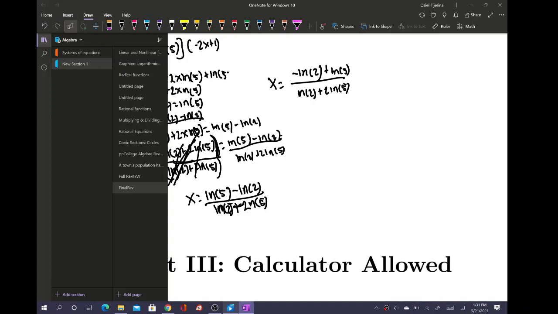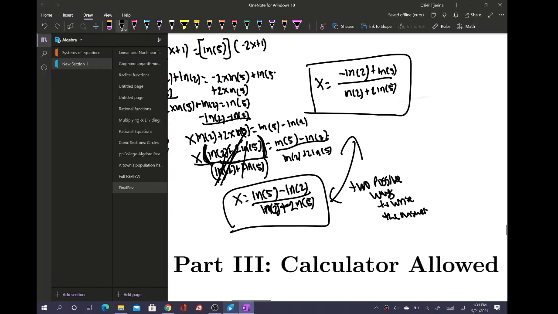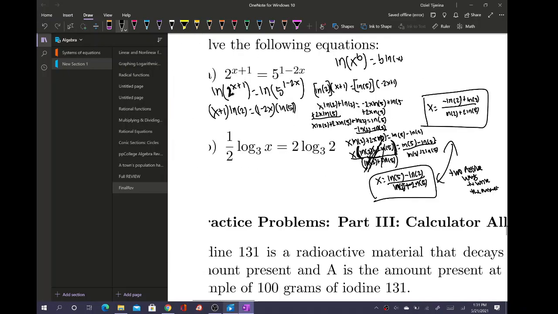Because either way, it's either or. These are two ways. Okay, so two possible ways to write the answer is what it says. All right.